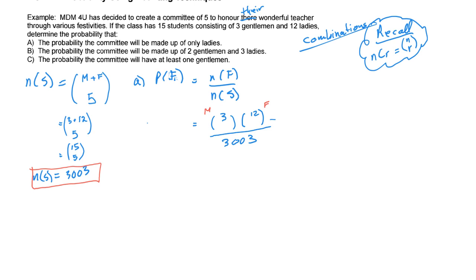So in this case, if there's only females, there are 0 males in our group. And then I pick only 5. I only choose 5 girls from the other group. So that gives us the final answer of, well, 3 choose 0 is 1 times 792 divided by, well, 3003.